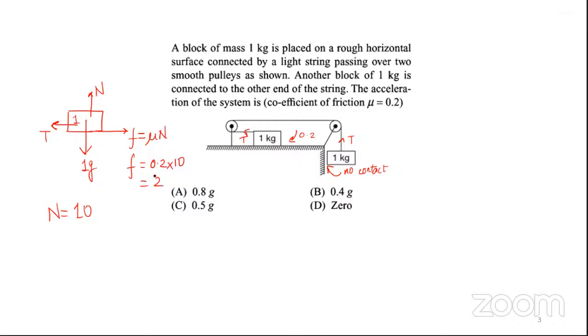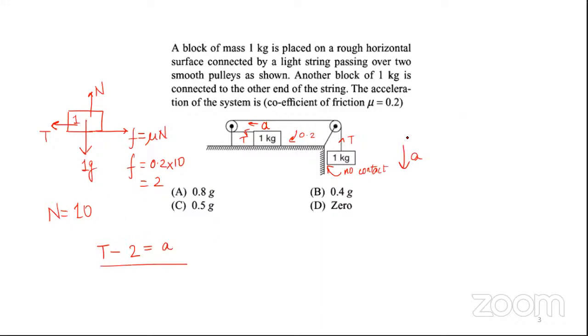So friction is 2. Now what is happening? Suppose it is going in the left direction with acceleration a and the other is coming down with acceleration a. So T minus 2 equals 1 into a, that is T minus 2 equals a.